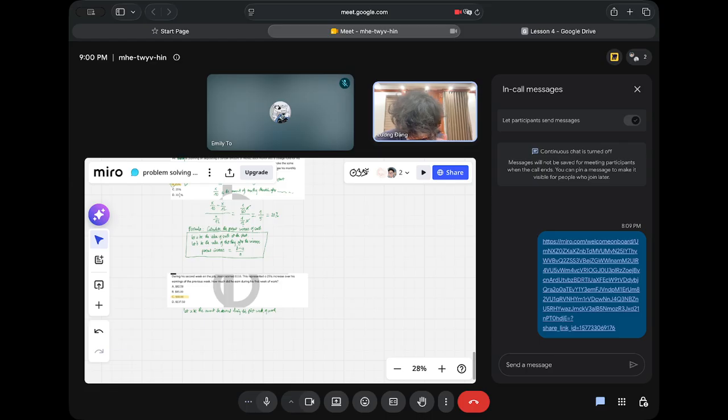Now we just use the formula above. We take 110 minus x over x, and the percent increase is 25%.